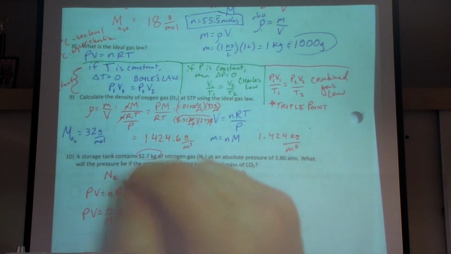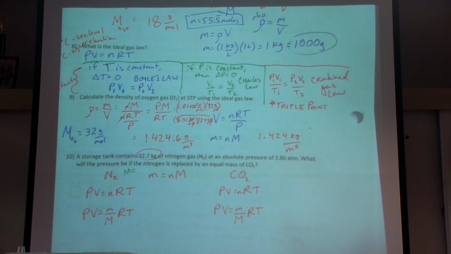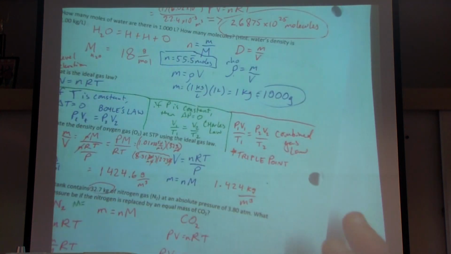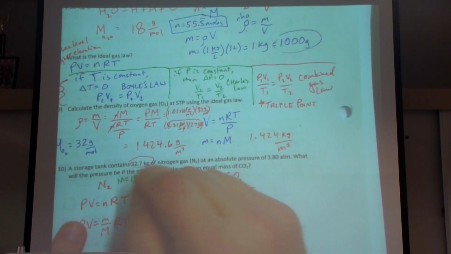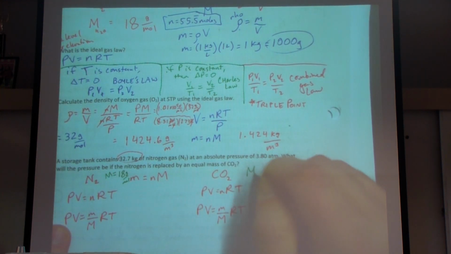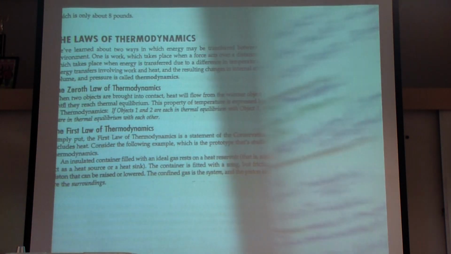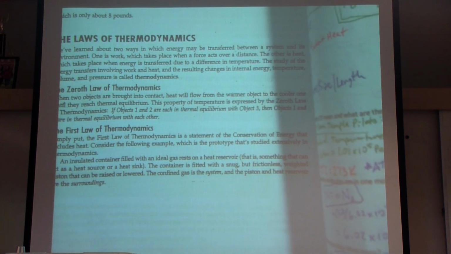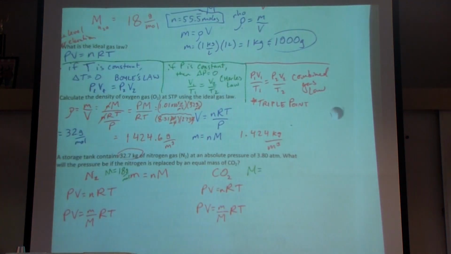Capital M for nitrogen gas. Look at the periodic table, or look at the back side here. I wrote it down. Nitrogen 14.01. Double that, 2 nitrogen atoms, 28 grams per mole. For CO2, we even calculated it at the bottom: 44 grams per mole.